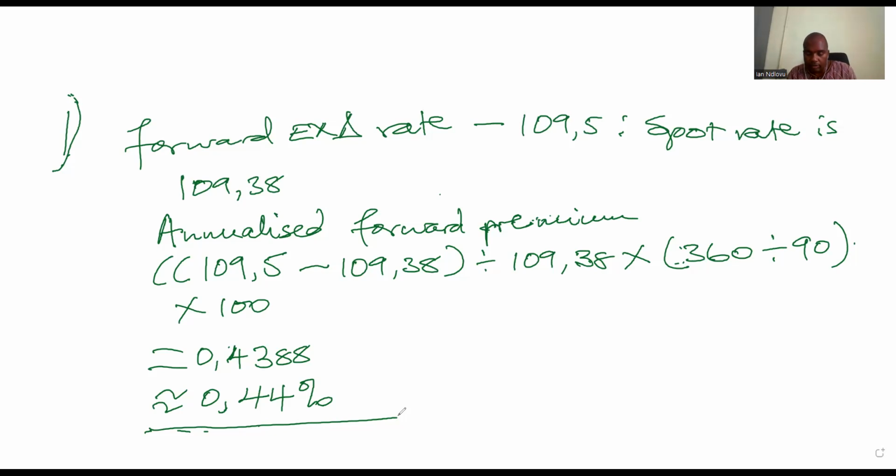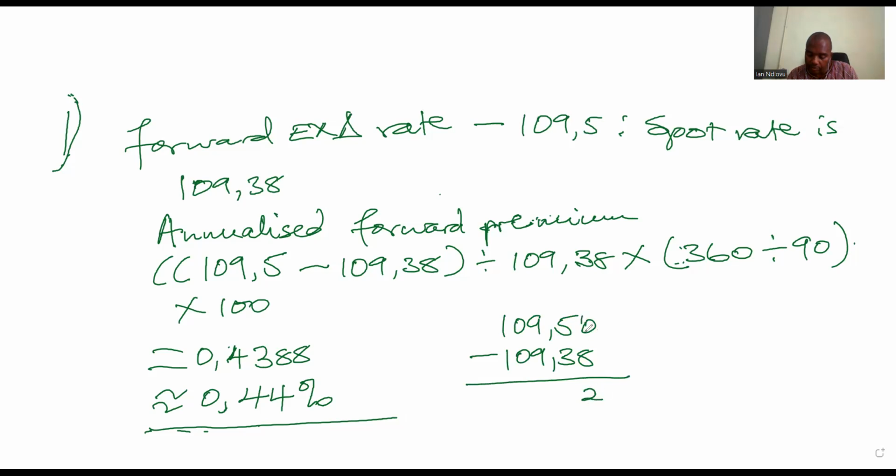We can calculate the difference between the forward rate and the spot rate. It is 109.5 minus 109.38. It's just a simple subtraction.